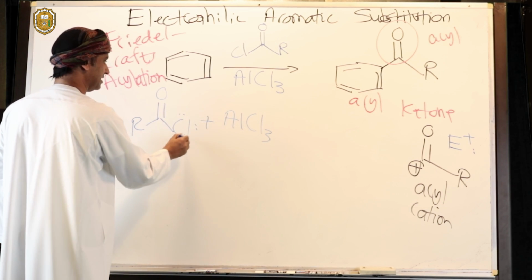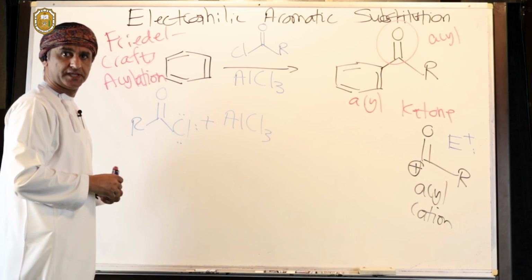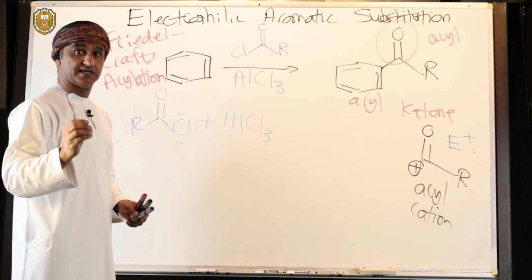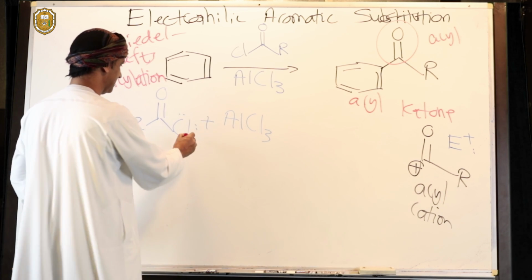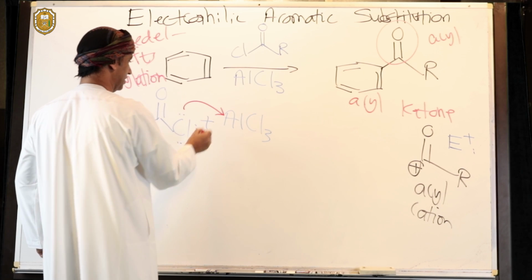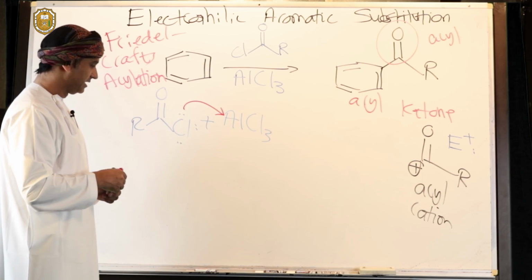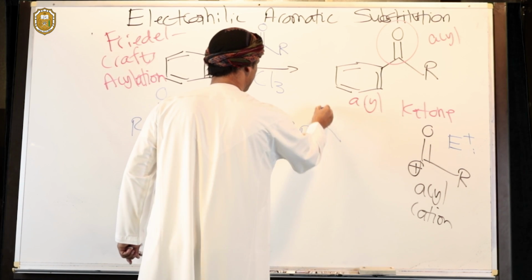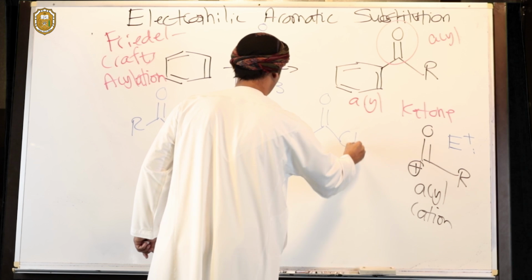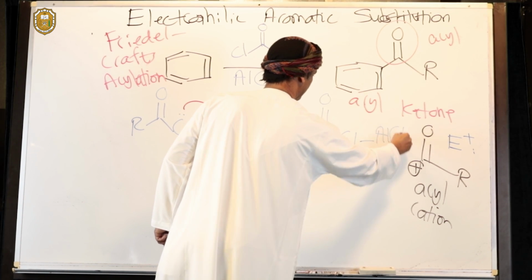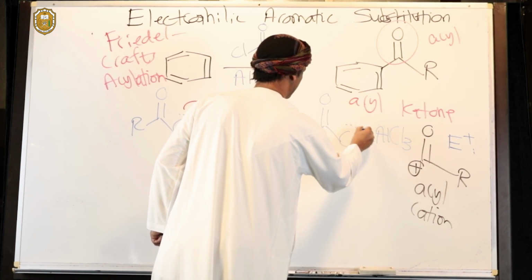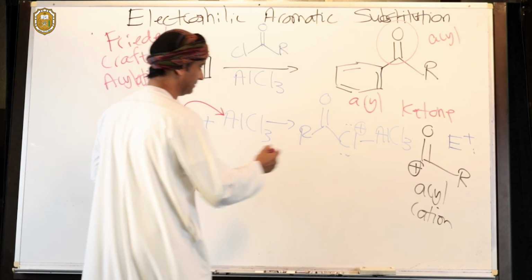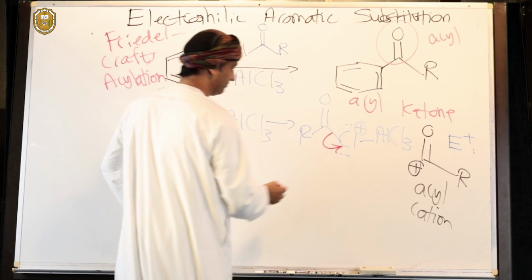Remember, these chlorines act as Lewis bases. Of course, aluminum is the Lewis acidic center, if you like, in aluminum chloride. We take a lone pair from chlorine and we bond it to aluminum. And now we get this intermediate, and since that chlorine is positively charged, this C-Cl bond can actually be broken.